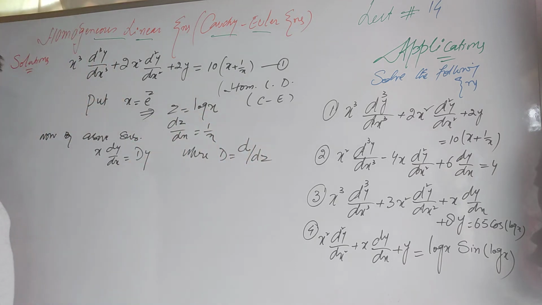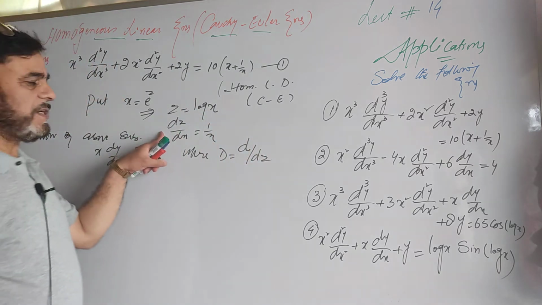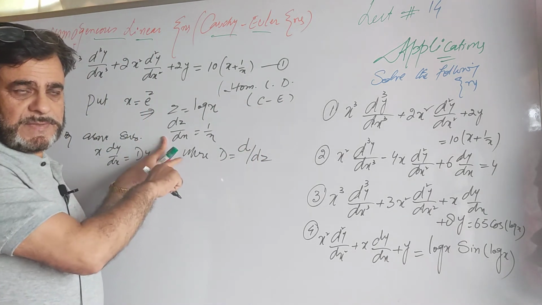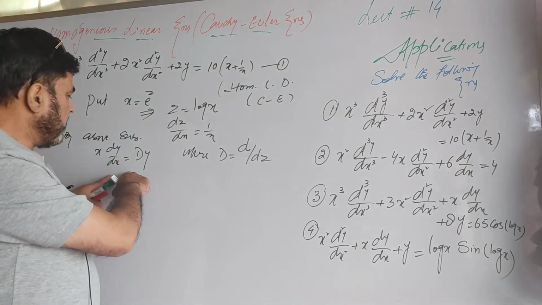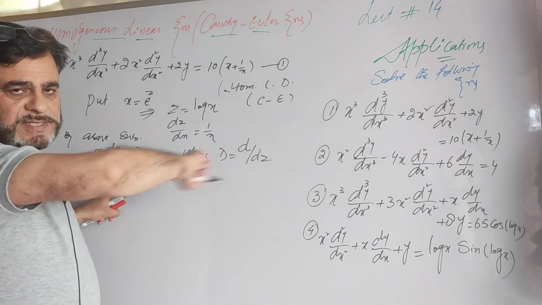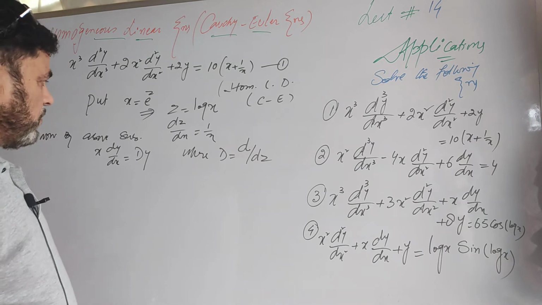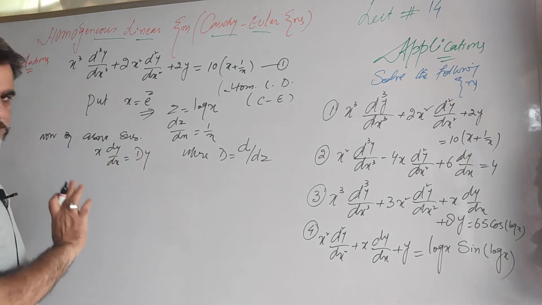Remember this, it is d by dz. How is it so? Please go to lecture number 13. If you have any problem here, see there and solve there. I have given you the method of how to find this x dy by dx as Dy.